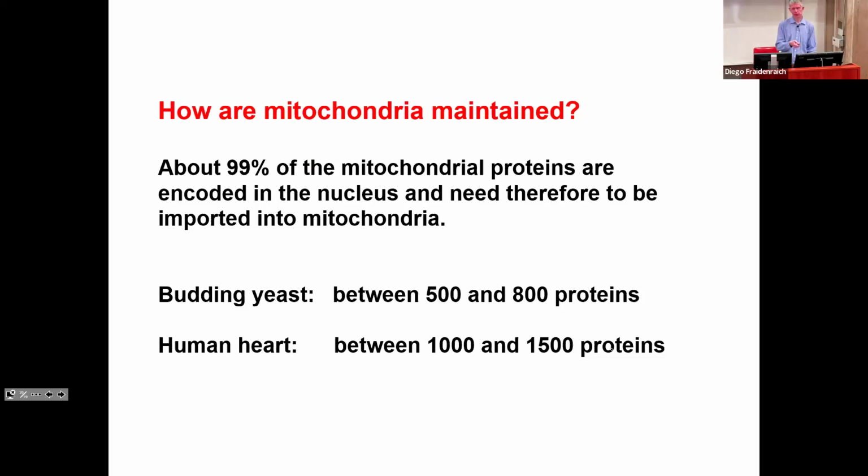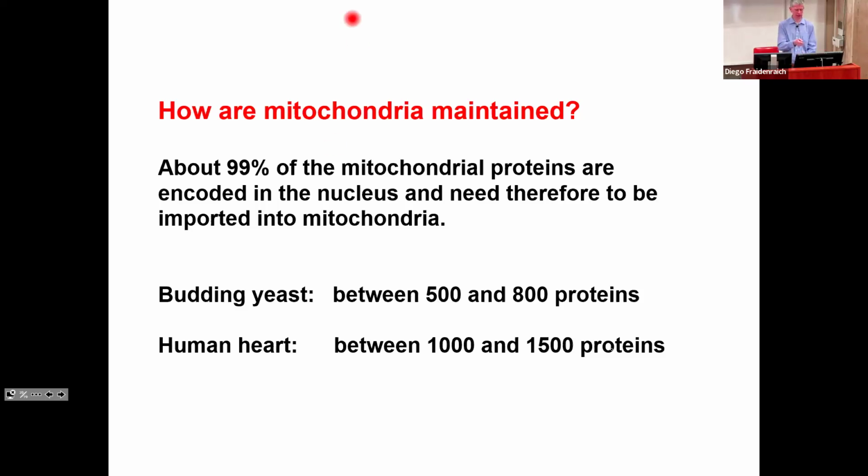So there's transcription in the nucleus, messenger RNA is transported to the cytosol, and then by ribosomes you would see translation, and these proteins that are generated are imported into mitochondria.